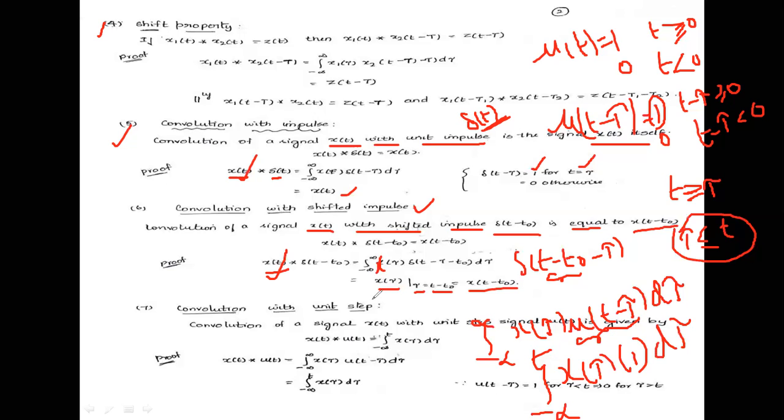So the convolution of x of t with the unit step mu of t is the integral from minus infinity to t of x of tau d tau. Got it, my students?